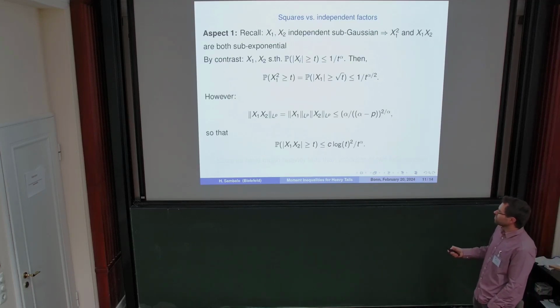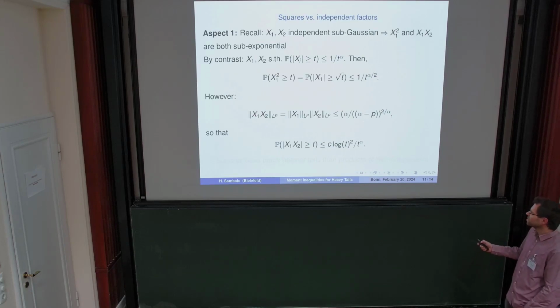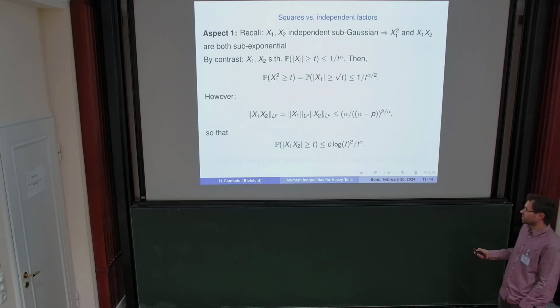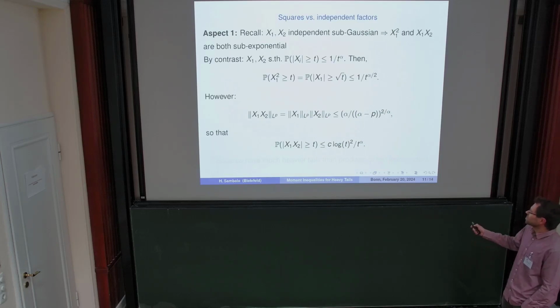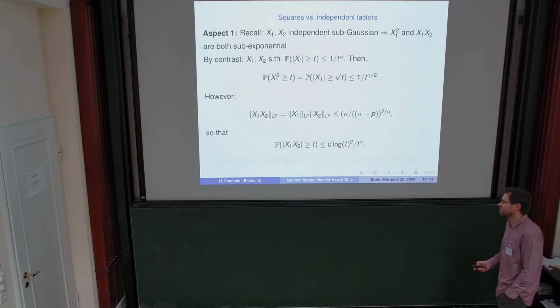And what happens if you take the product of two independent factors? Well, then the L^p norm squares. But if you translate this into tails, by Chebyshev-type arguments, then you actually do not get these heavier tails, but your tail behavior only worsens by something logarithmic.